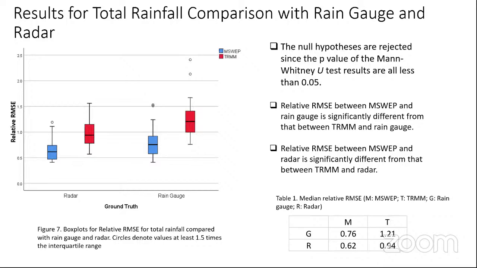From the box plot, we can clearly see that the median value of the relative root mean square error between the MSWEP and the radar is much lower than that between the TRMM and the radar, and a similar situation for the rain gauge as well. So this means MSWEP produces values closer to both the rain gauge and the radar.